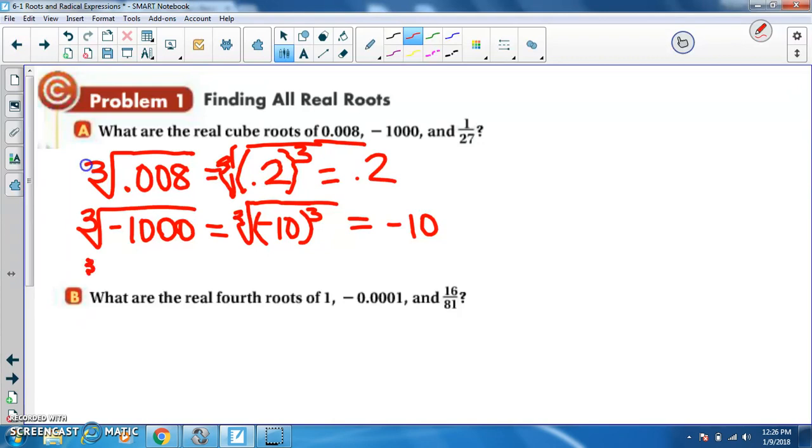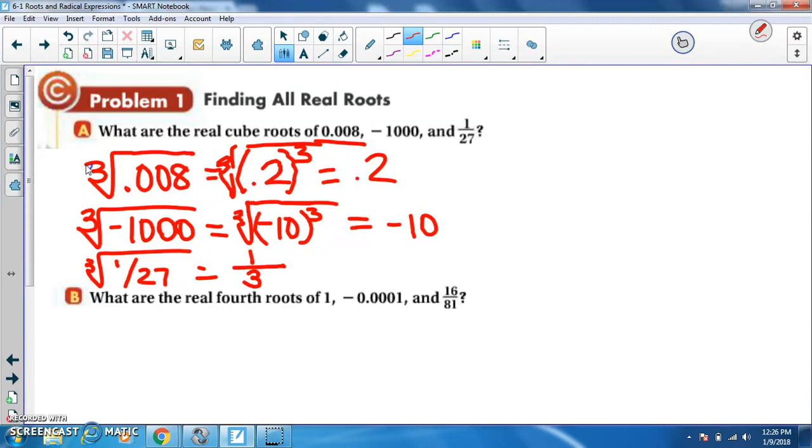And what is the cube root of 1/27? When we have a fraction in our radical, then we just take the cube root of the numerator and the cube root of the denominator. So this is equal to the cube root of 1, which is 1, over the cube root of 27, which is 3.